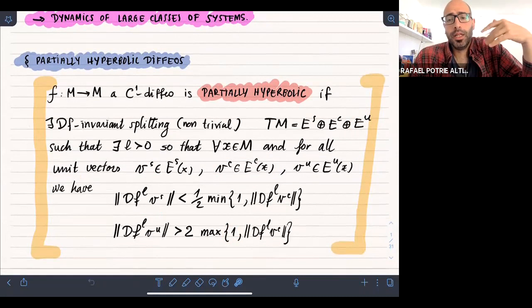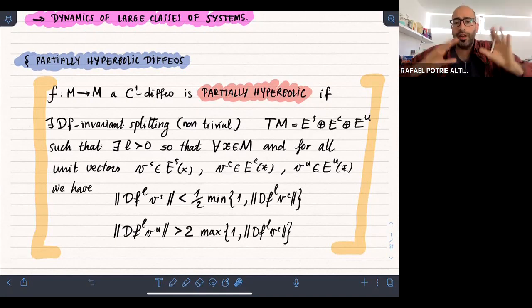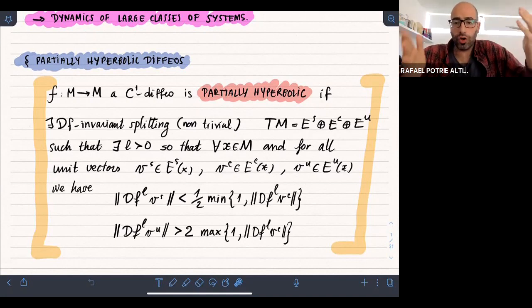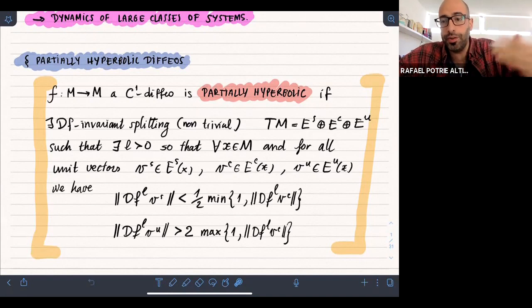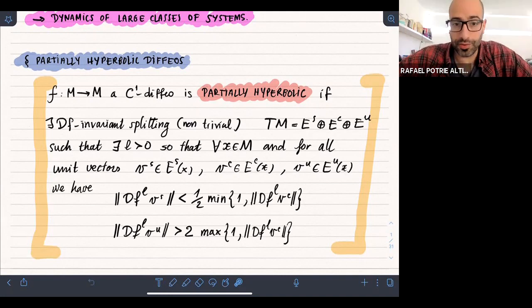The idea that one can keep in mind is that you are able to put local charts around each point, and in a certain sense, the derivative preserves the coordinates of these local charts around each point. And one tries to see to which extent this allows you to reduce the dimensions on the dynamics you are trying to understand.